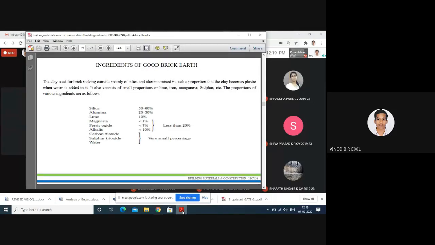Not only in VTU examinations, in some competitive examinations they will ask about ingredients of good brick, for example silica content: 50 to 60, 80 to 90, or 10 to 20. The correct answer is 50 to 60. Some competitive examinations like GATE, PGCET or civil services, you can expect that question. Not only silica, alumina, lime content and magnesium content also they will ask in examinations.